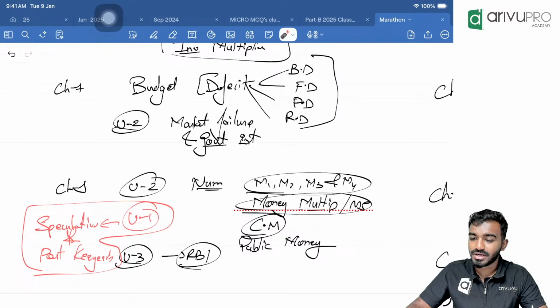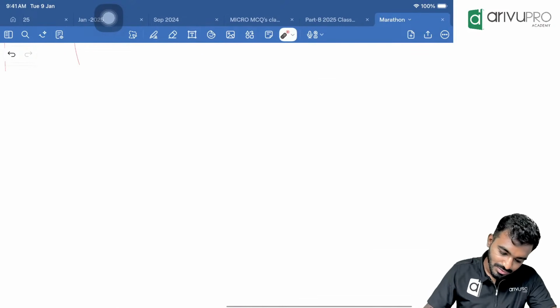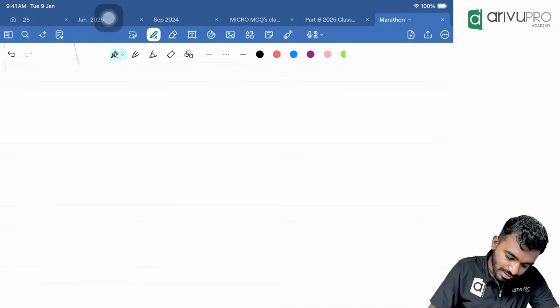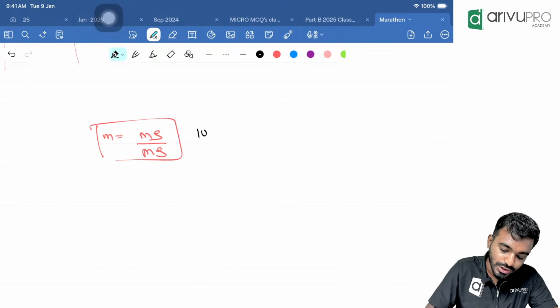Okay, once explain money multiplier. Simple concept, man. Money multiplier is small m: MS by MB, money supply by monetary base. Say however much money is getting supplied in the economy, let's assume 1000 crore, but RBI printed and circulated 200 crore. That means money is circulating by 5 times.